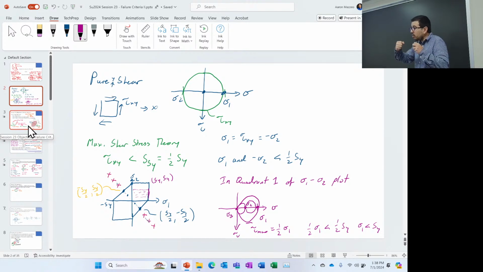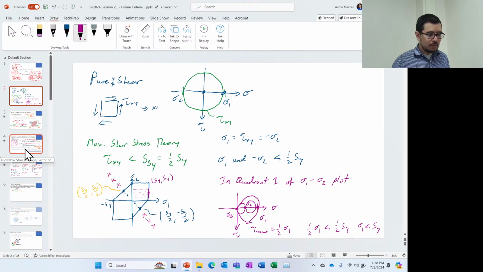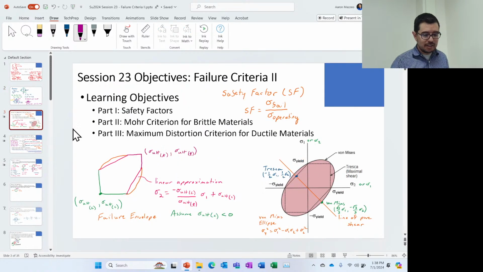But if I have an ability to pull the cube apart in all 3 directions at the same time, the same amount, in theory, that material would not yield from maximum distortion energy. Okay? In practice, we would expect something. All right.